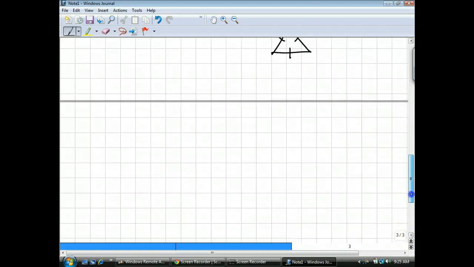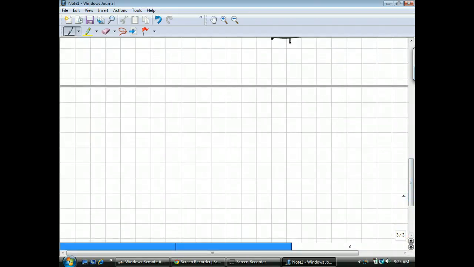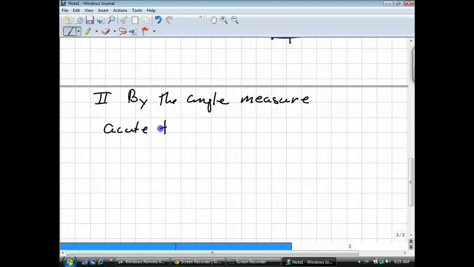Another way that we classify triangles is by its angles. Okay, so an acute triangle has three acute angles.